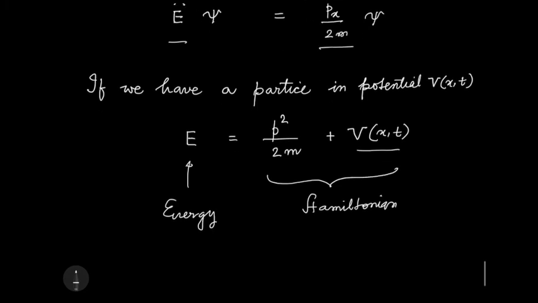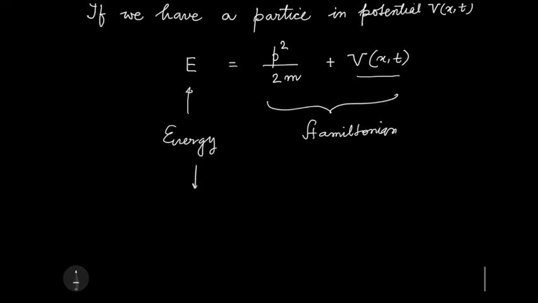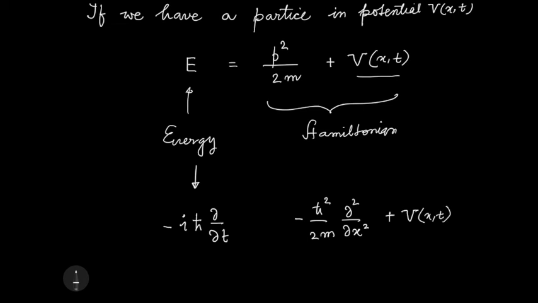Now both these quantities, p and V etc., are dynamical variables. So in quantum mechanics, I should change my E to the energy operator, which we did earlier. So this should be replaced by i h cross del t, and this should be replaced by p square by 2m, which we have already seen is h cross square by 2m del 2 del x 2, and this remains V of x and t.